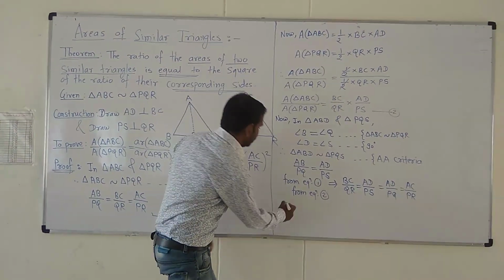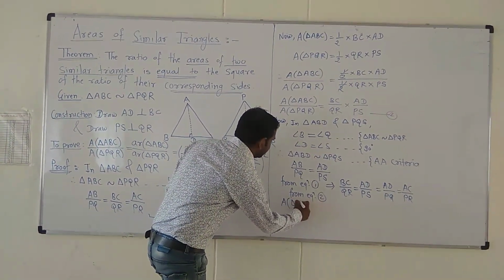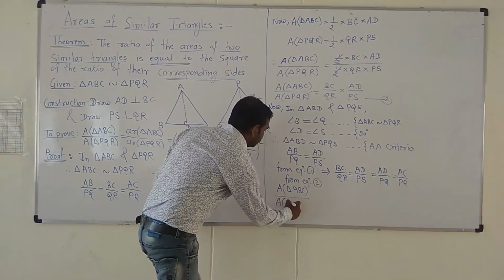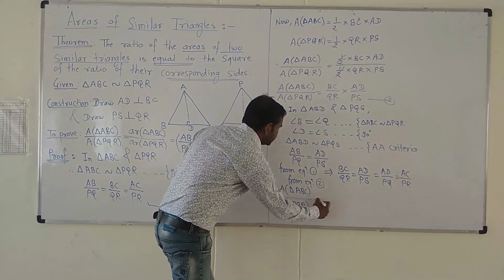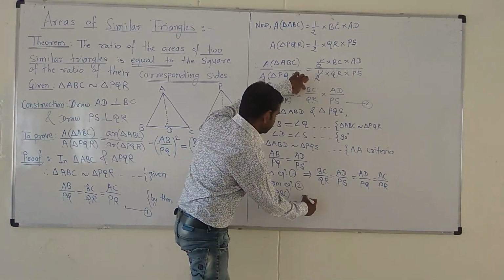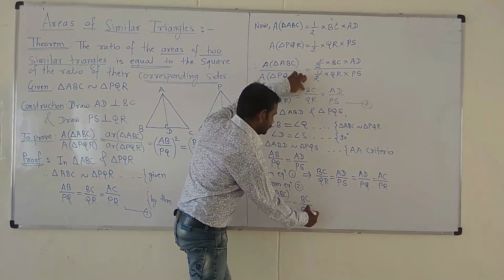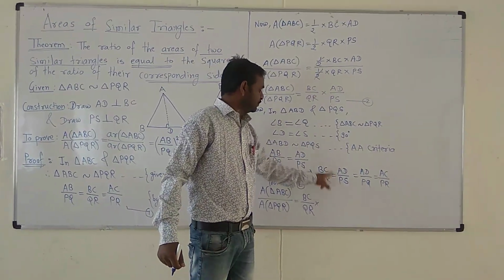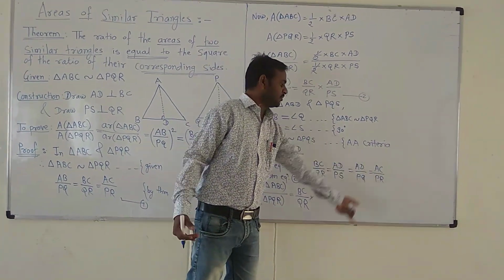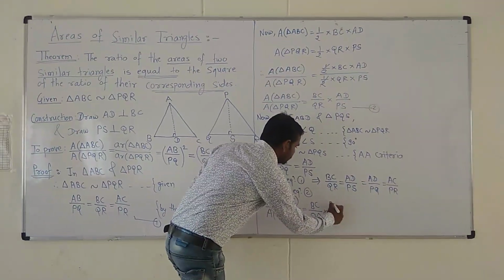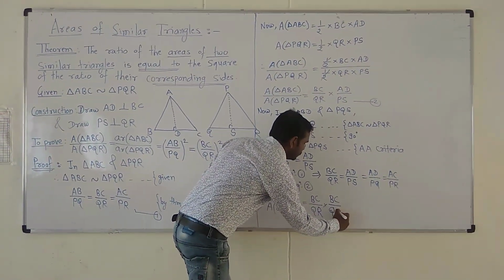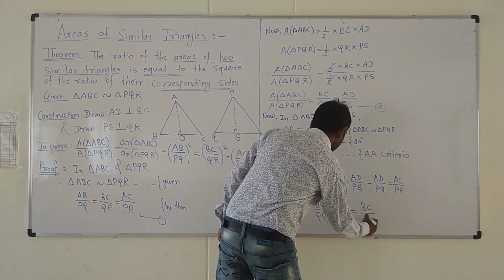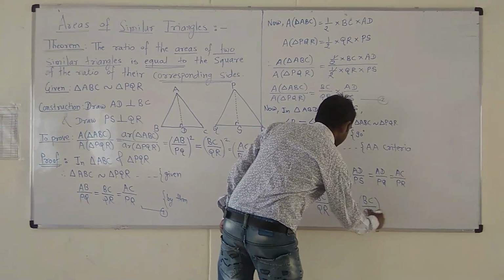From equation number 2, area of triangle ABC upon area of triangle PQR is equal to BC upon QR into AD upon PS, that is BC upon QR also. So we get BC upon QR whole square.